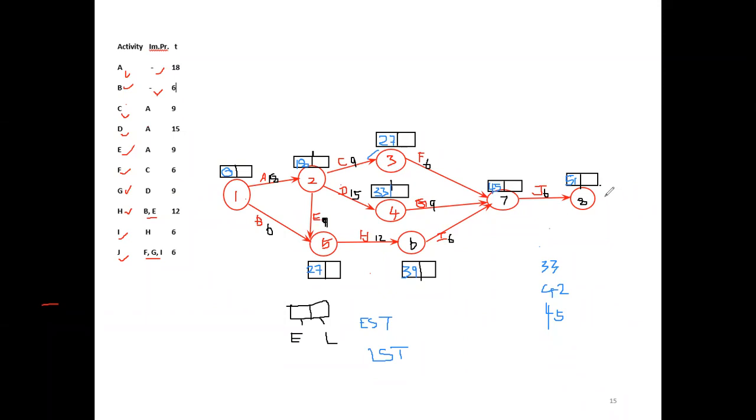Now we have calculated the completion time, that is 51. Now we want to calculate the critical path. To calculate the critical path, we have to compute the LST, latest start times, from the backward pass computation. So now I will calculate this second part assigned for the LST, latest start time, using the backward pass computation.